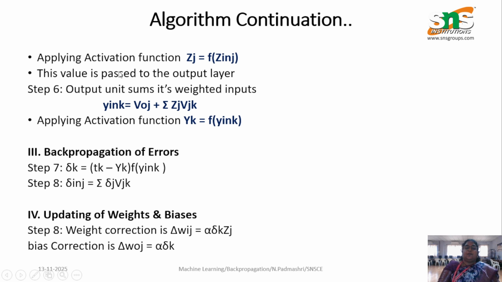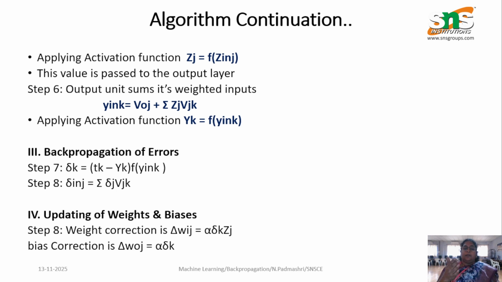For the next layer, we need to check the activation function. What does the activation function mean? You check whether the particular node is active or not. Remember, only when the node is active can it transmit the data to the next layer. If it is not active, we cannot transmit the data to the next layer.